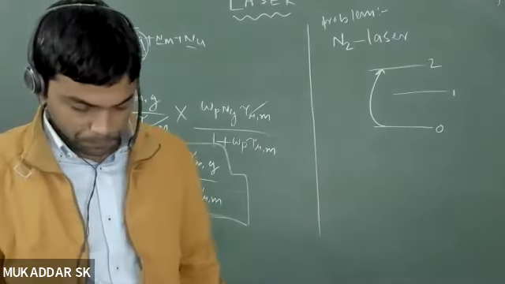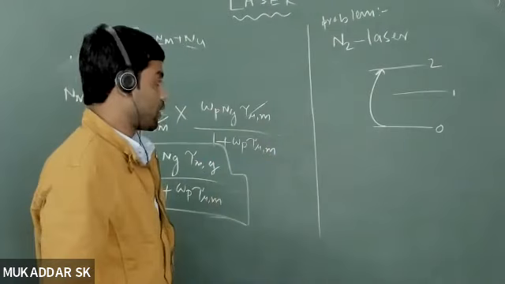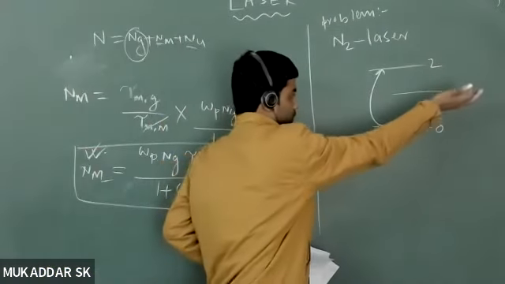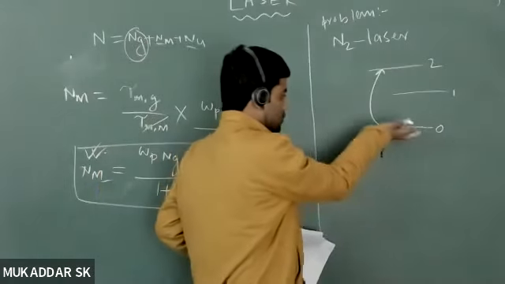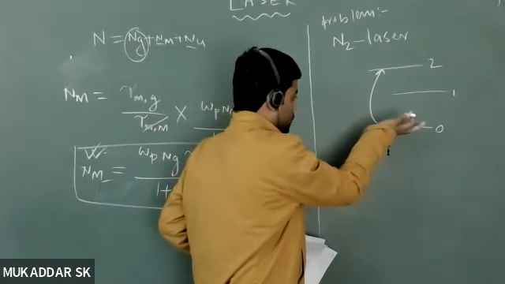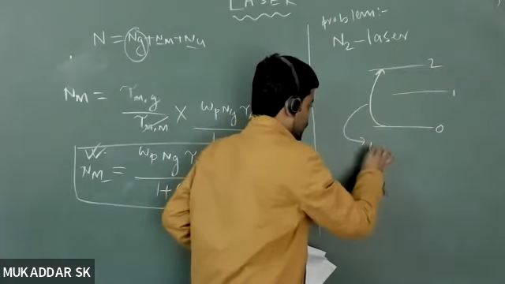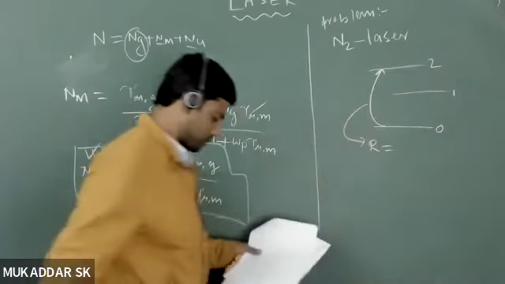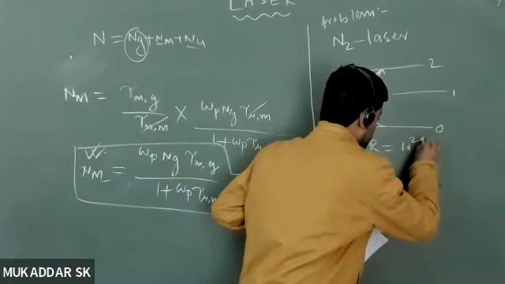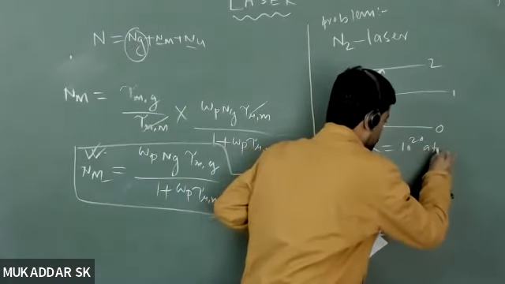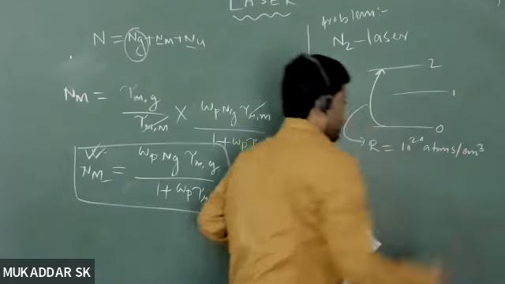So what I'm saying is, you have a nitrogen laser, and this is a 3-level laser. Initially all the atoms are at the ground state, and atoms are pumped from the ground state to the second excited state at a rate, and that rate is given as 10 to the power 20 atoms per centimeter cube.